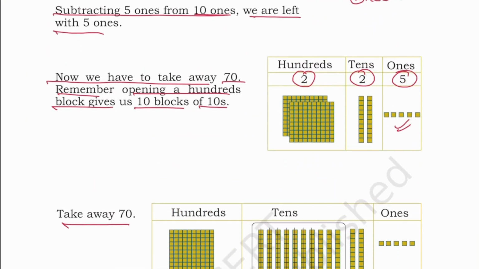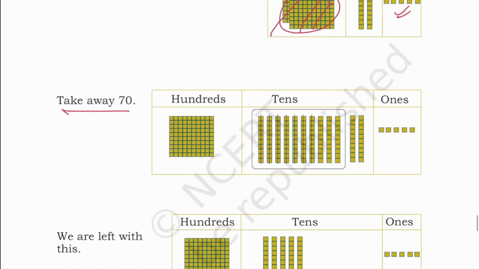For taking away 70, 100 should be broken down and given to the tens, because we cannot take 7 from 2. So here remains 100, and here becomes 100 plus 20, that is 120, and 5 ones.